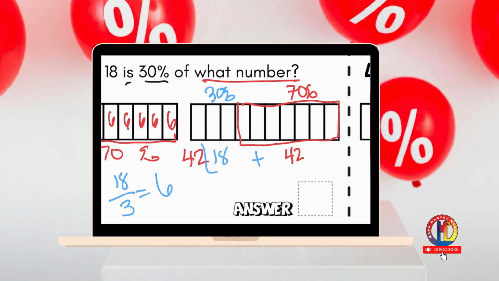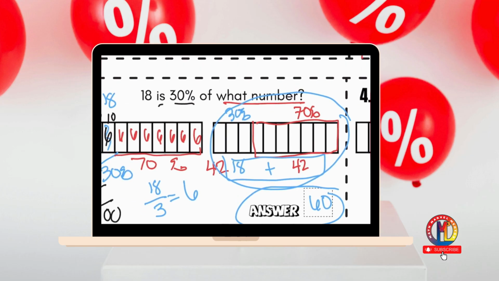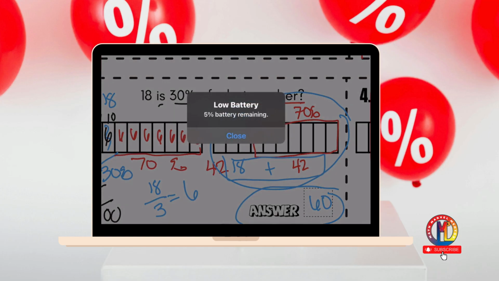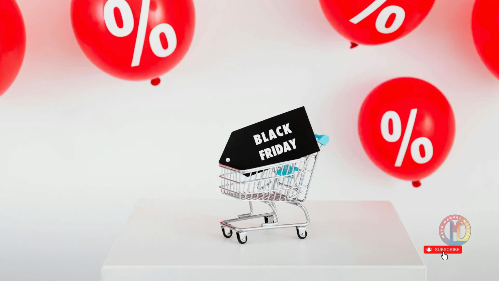And so if I want to know 30% of what number, it's this whole amount, I can add 18 plus 42 and I get 60. So my answer is 60. So another way to say it is 18 is 30% of 60. So that's our answer, 60.